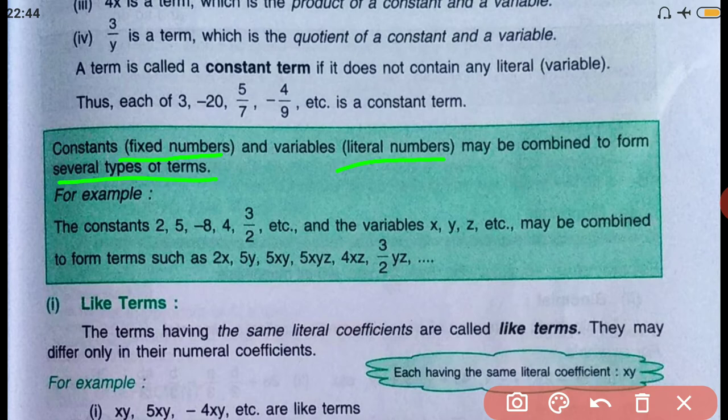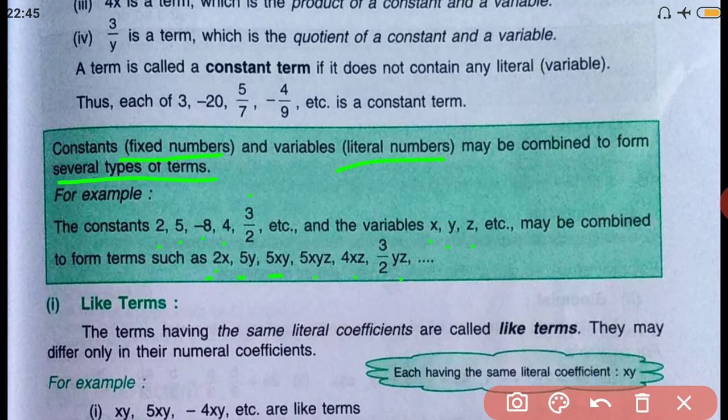For example, the constants 2, 5, minus 8, 4, 3 upon 2, etc., and the variables x, y, z, etc., may be combined to form terms such as 2x, 5y, 5xy, 5xyz, 4xz, 3 upon 2 yz. So here each one of them is a single term.